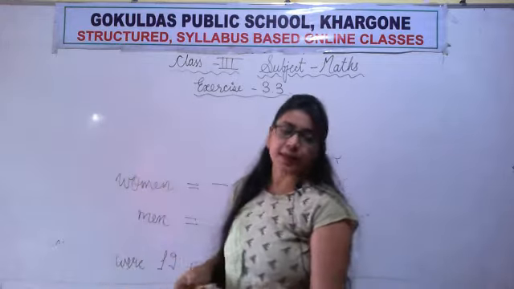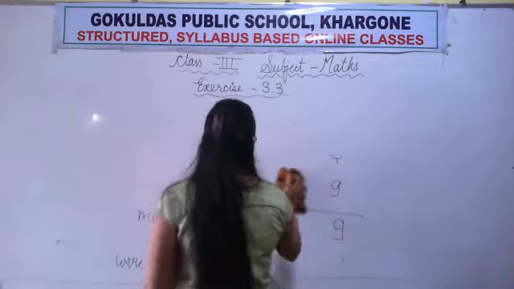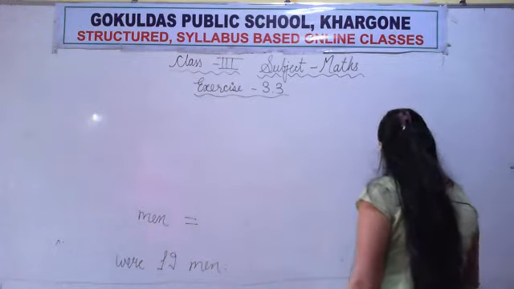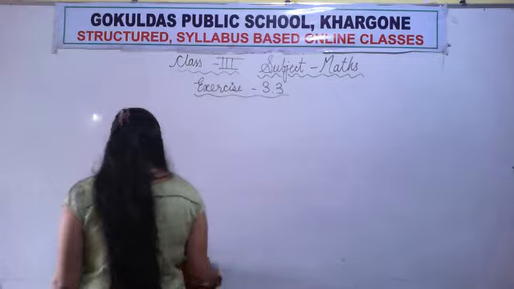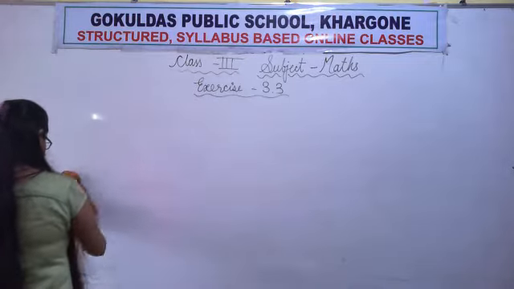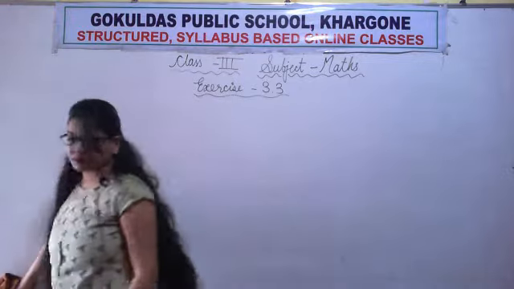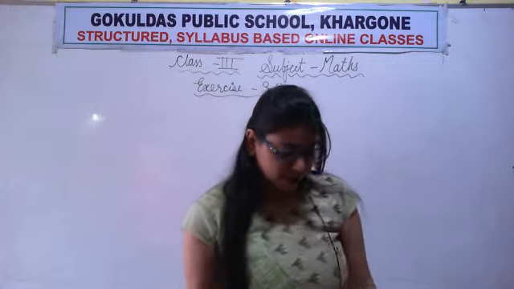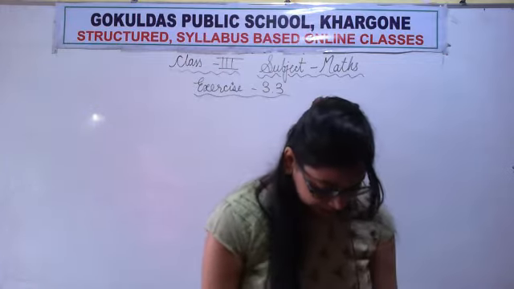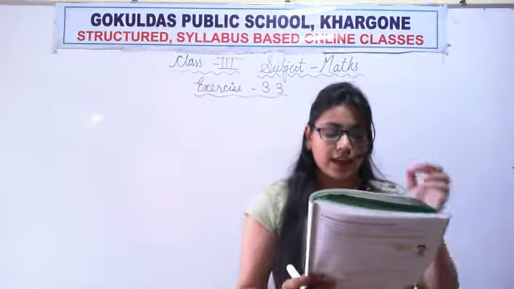Question number 3. All of you read question number 3. Question number 3 is, there were totally 968 white and yellow sheets in a bundle.